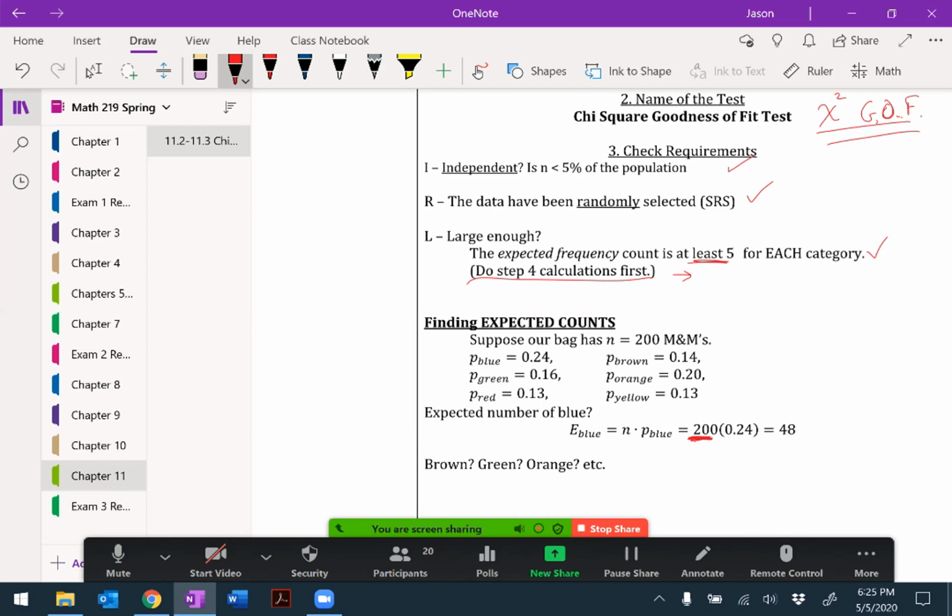When we took 24% of N, we got X. That was the amount of successes. That's what we want here, the amount of successes, which is 48 if you multiply 200 M&Ms. We're just going to let 200 be our sample size.